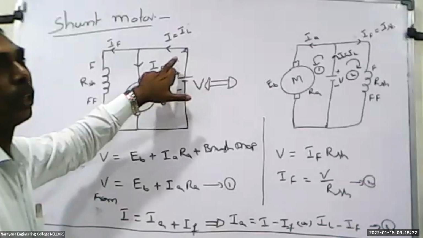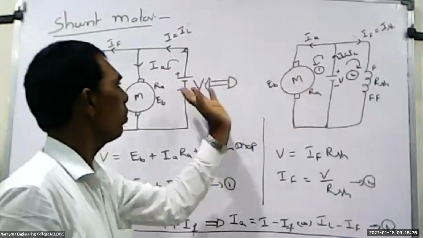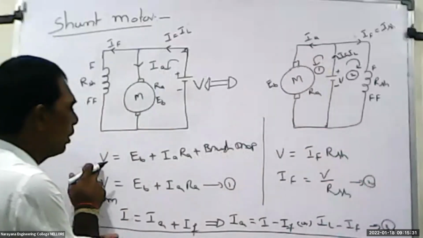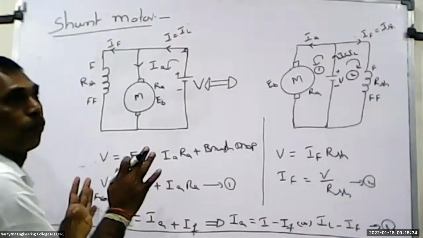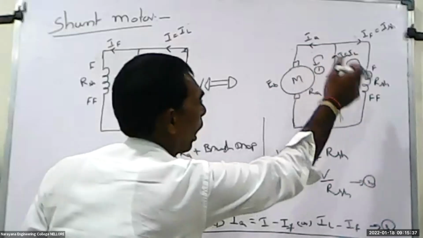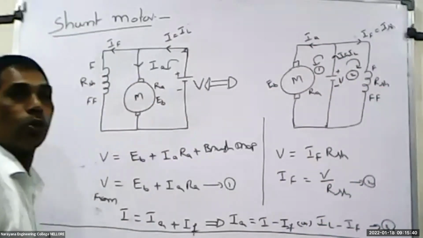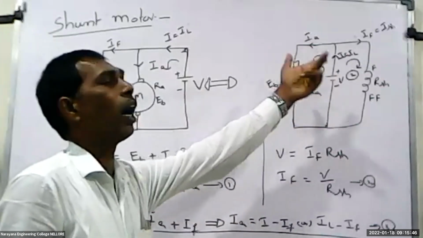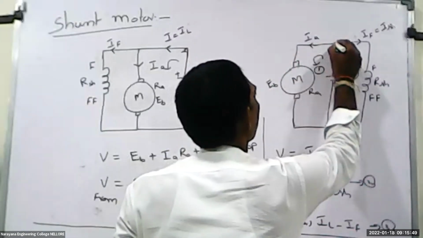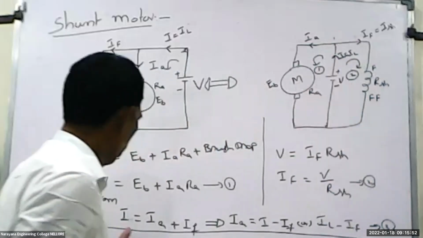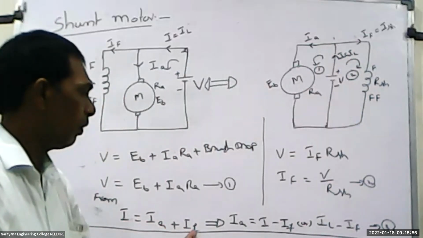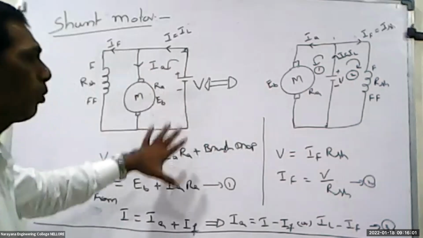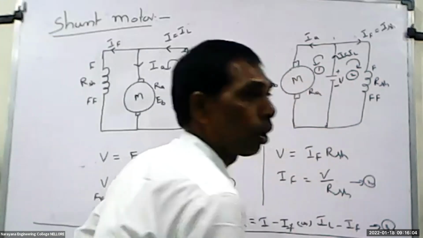Then apply KVL in loop 1, and I will get equation number 1, and apply it in loop 2 and I will get another equation, that is IF is equal to V by RSH. And from these equations, we apply KCL at node 1 or node A: I is equal to IA plus IF, or IA is equal to I minus IF, or IL minus IF. So these are the voltage and current equations for the shunt motor.